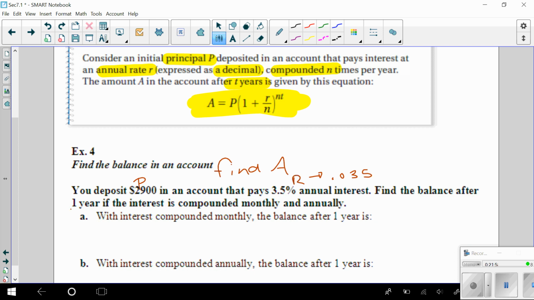And 1 is our T. And then we're going to find the balance if the interest is compounded monthly. So that means 12 times per year. Or if it's compounded annually, which means 1 time per year.